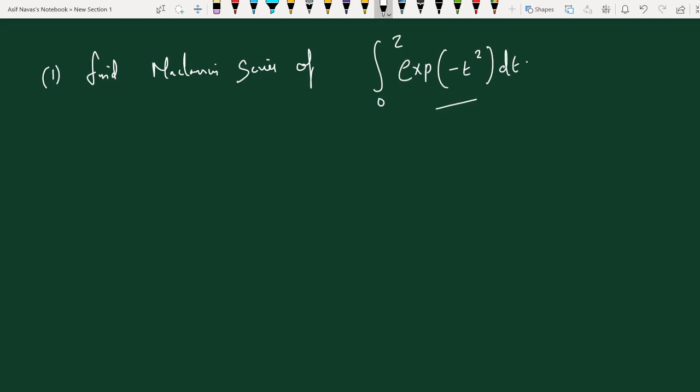So we want to find the Maclaurin series of this integral.